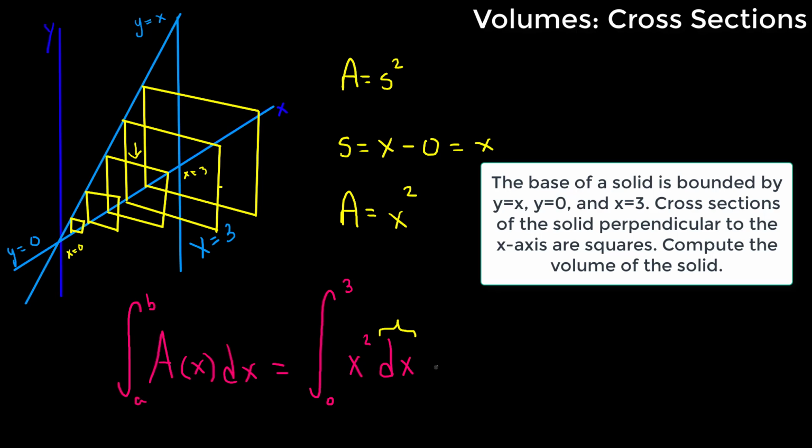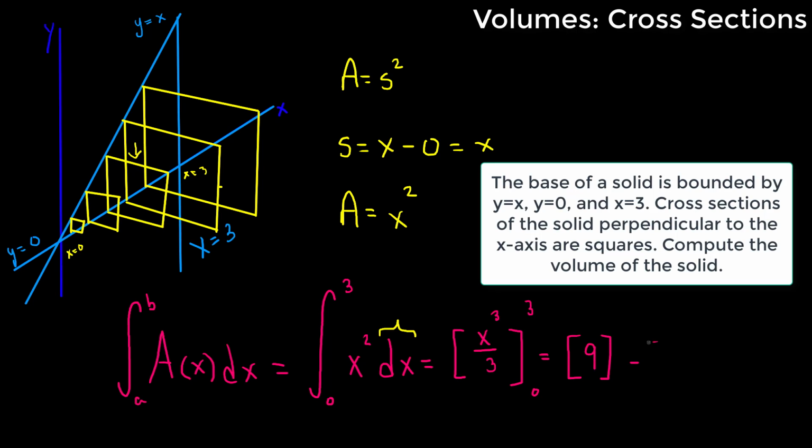And now we can go ahead and finish this bad boy off. So the definite integral from 0 to 3 of x squared dx is equal to, well, the antiderivative of x squared, which will give us x cubed over 3. And we will be computing this antiderivative from 0 to 3, fundamental theorem of calculus. So that will be 3 cubed, which is going to be 27, divided by 3 will give us 9.